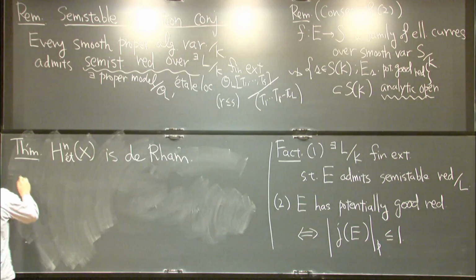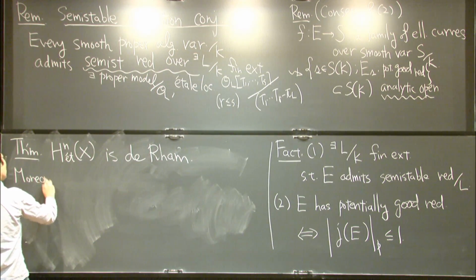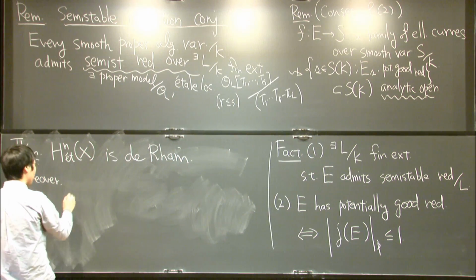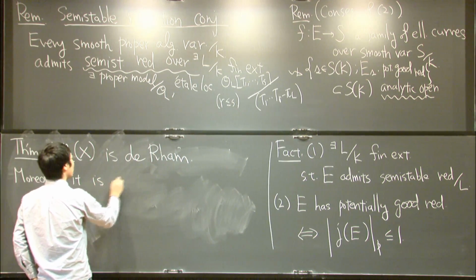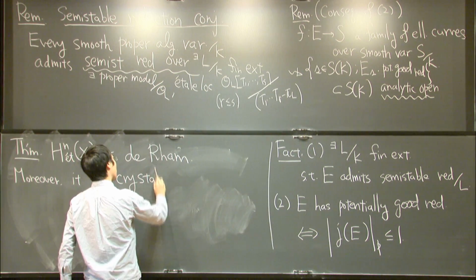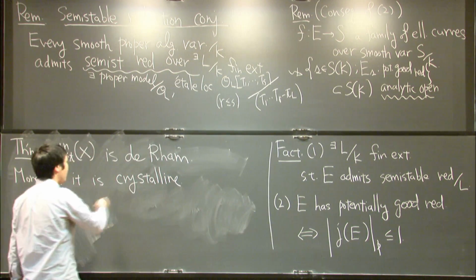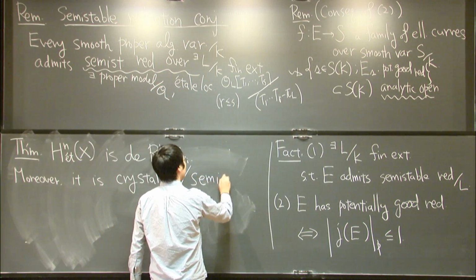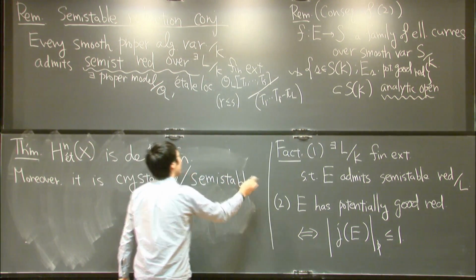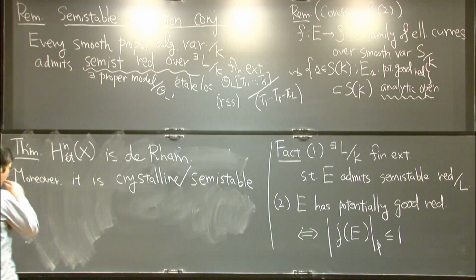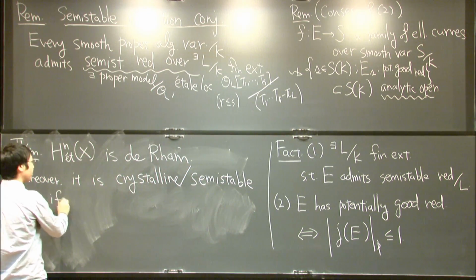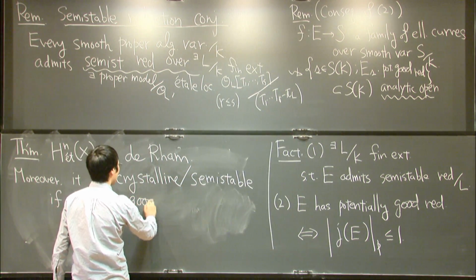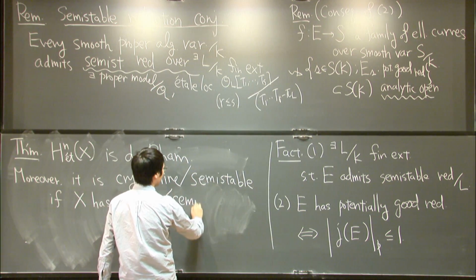And moreover, this falls into smaller classes if X has nice reduction type. It is crystalline if X has good reduction over K. And as the name suggests, it becomes semistable if X admits semistable reduction over K, that is, if X has good or semistable reduction.